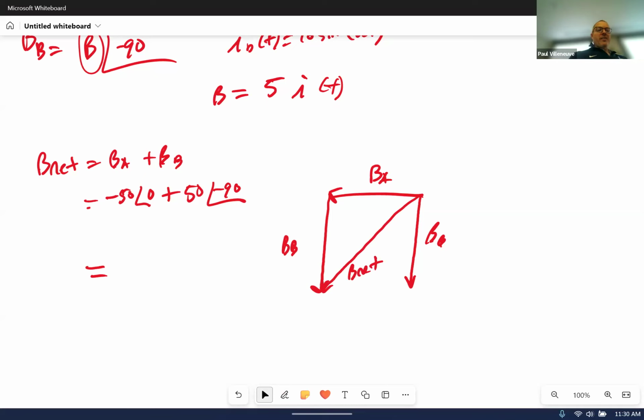So what I can see very quickly is it's the square root of 2 times 50, and the angle is minus 135, because they have the exact same magnitude. So you know it's at a 45-degree angle, and you get the square root of 2. So I didn't even need my calculator on this problem. You could have just done it with adding vectors.